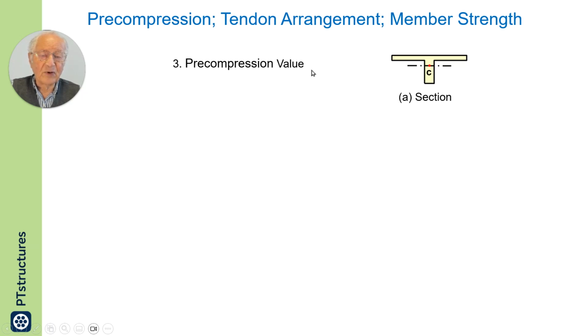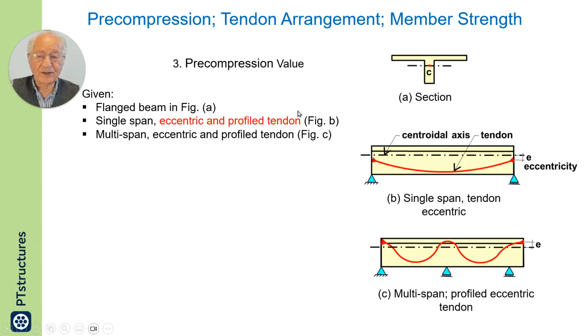And going back again to the value of precompression, figure A is a flanged beam, single span, eccentric tendon, and profiled.